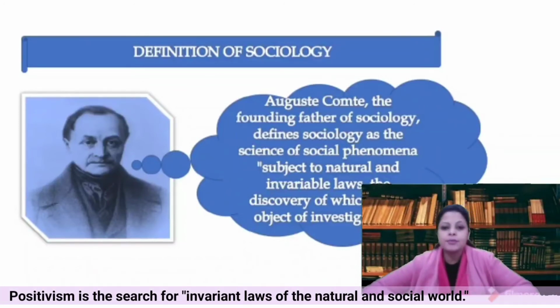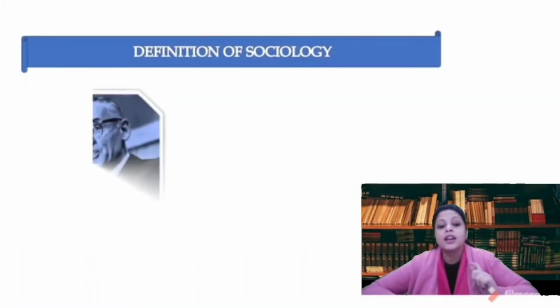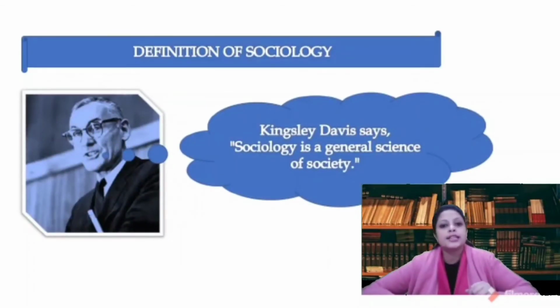This simply means that whatever you think you are surrounded with, whatever is in your environment, and you want to study it to acquire knowledge, simply that is sociology. Okay. Coming on to the next definition by another very famous sociologist, Kingsley Davis.